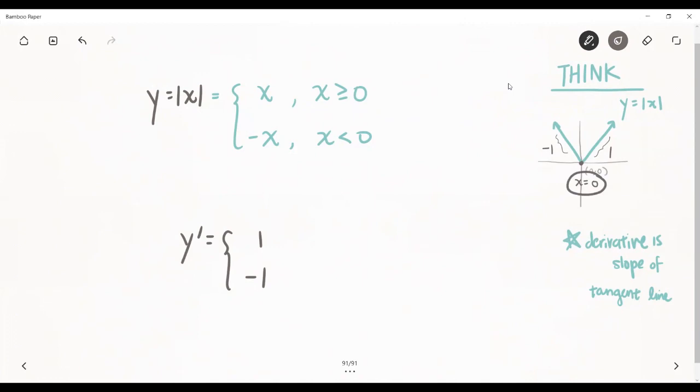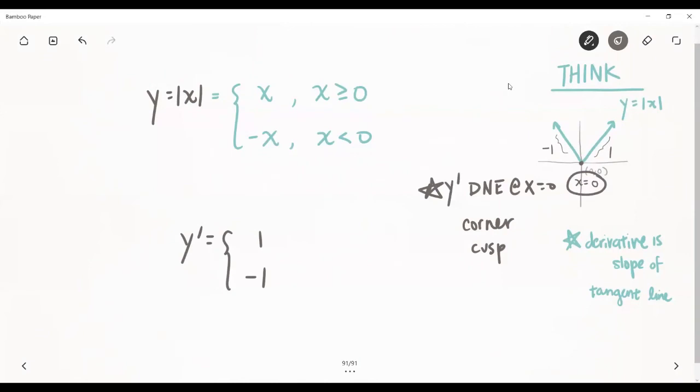So we say, let's put a note, y prime does not exist at x equals 0. The word to describe this shape is it's a corner. You can maybe call it a cusp, right? But sharp points on a graph are where the function is not differentiable.